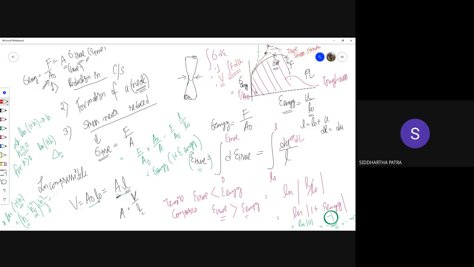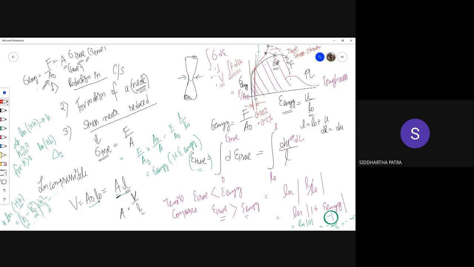If it is something like this where you cannot clearly identify a yield stress, then this is what you can do. You can take the smallest plastic strain amount of your choice, and the standard practice is to take 0.002 or 0.2% of plastic strain, and draw a line parallel to the elastic part of the curve.